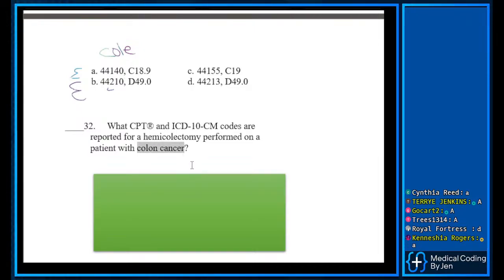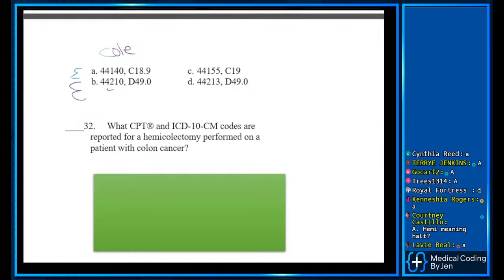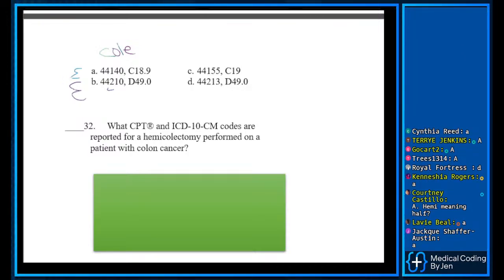If you don't know, you can always look at your diagnosis codes. Would you be a C code or would you be a D code? Knowing those differences is super handy dandy. Another word for partial would be hemi, right?